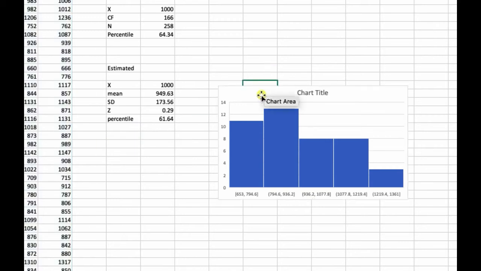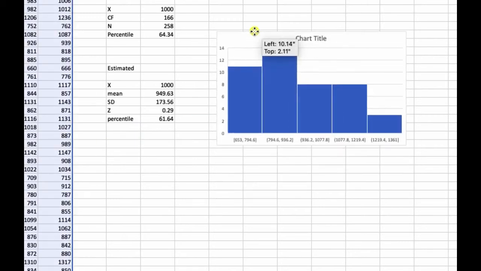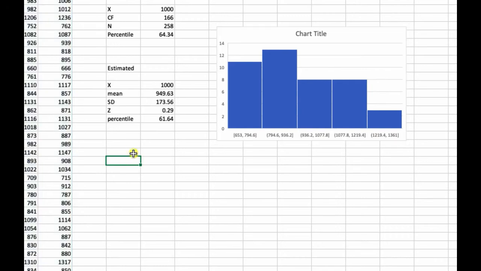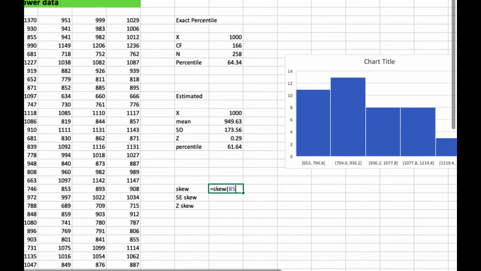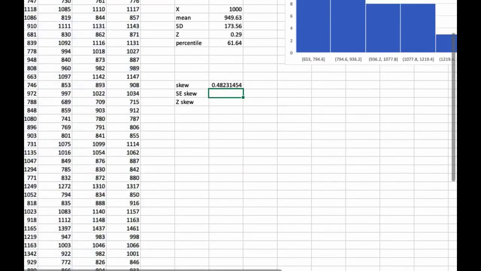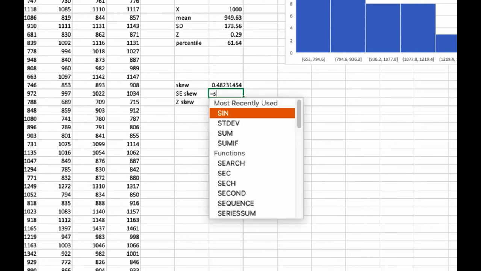So, sorry, I want to move this out of the way. If we did our sample skewness, standard error of skewness, and our z of skew, since visually we can kind of see this is what's going on, right? We can use our skew function on our data, and calculate our standard error.